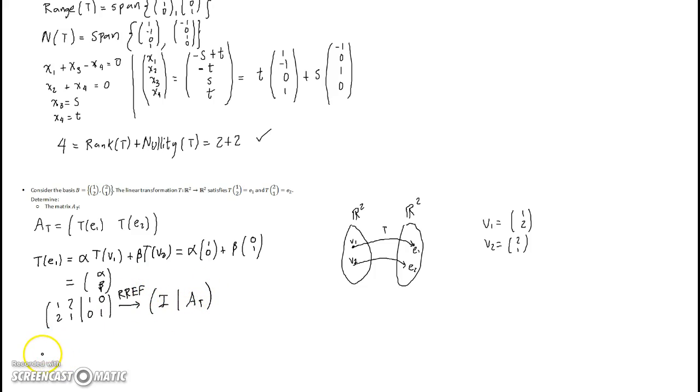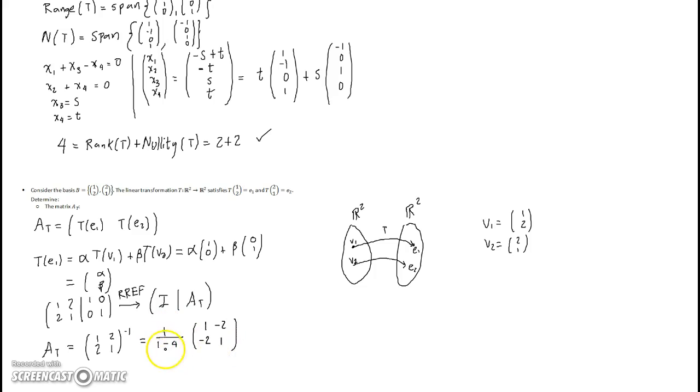So basically what I found is that AT is just going to be the matrix [1, 2; 2, 1] inverse, which I could do with the reduced row echelon form, but it's a lot simpler to use the shortcut formula for the inverse of a 2 by 2, which is 1 over the determinant, which is 1 minus 4, times, then you swap the diagonal entries and put negatives on the off diagonals.